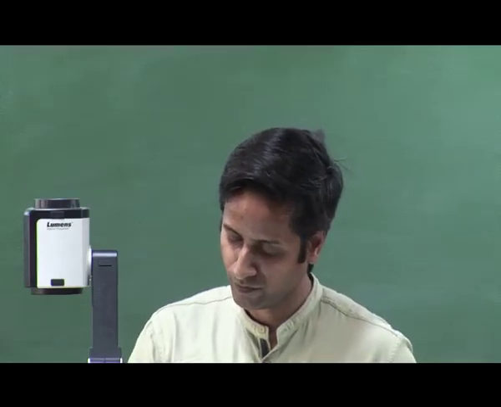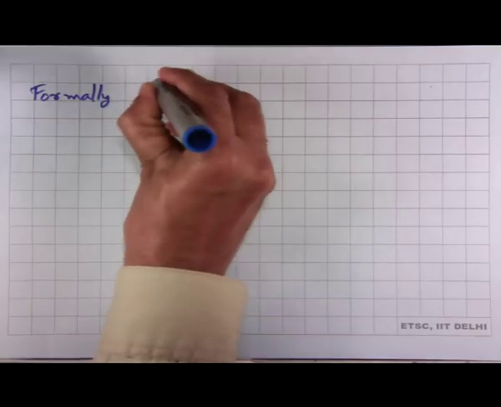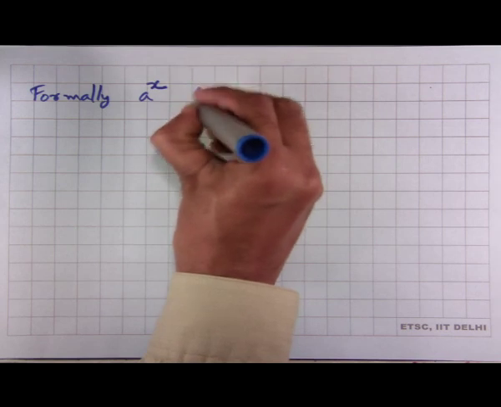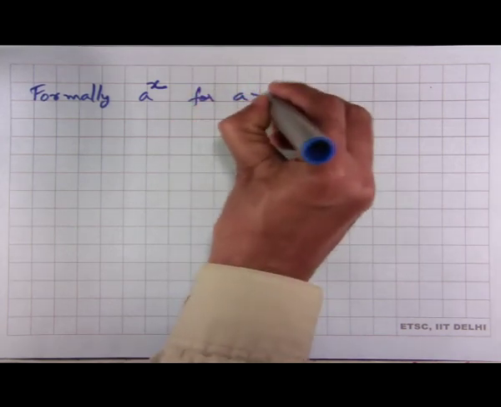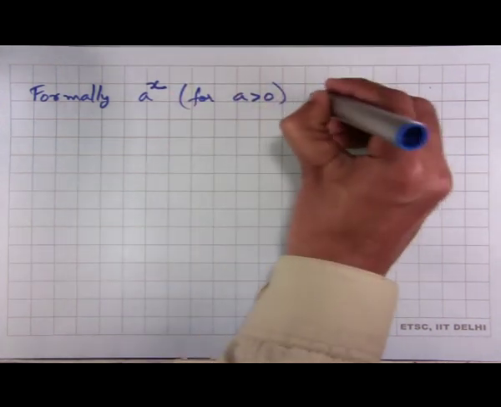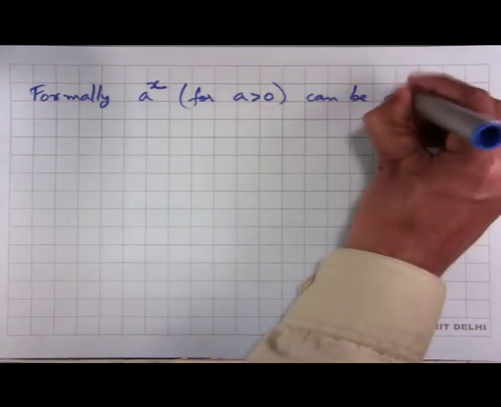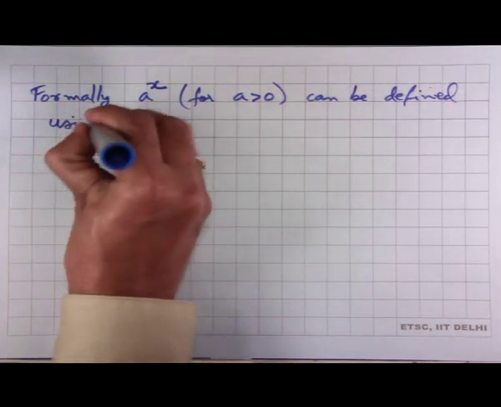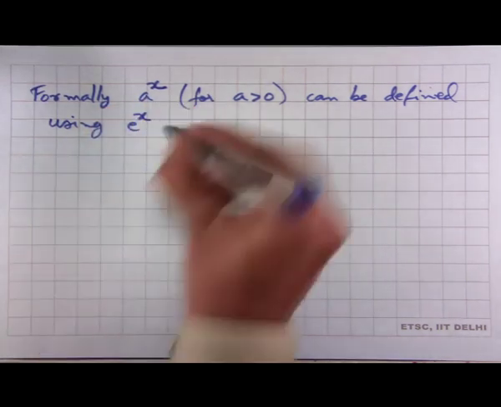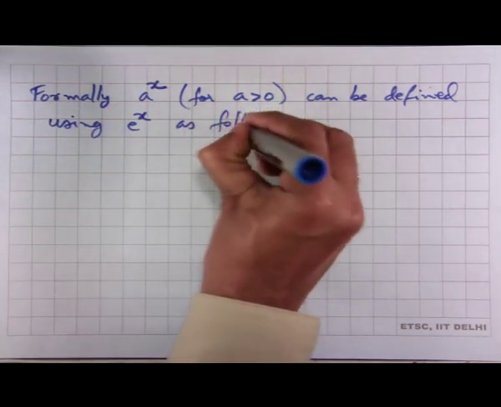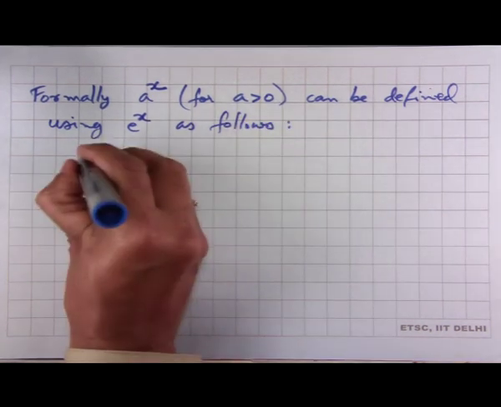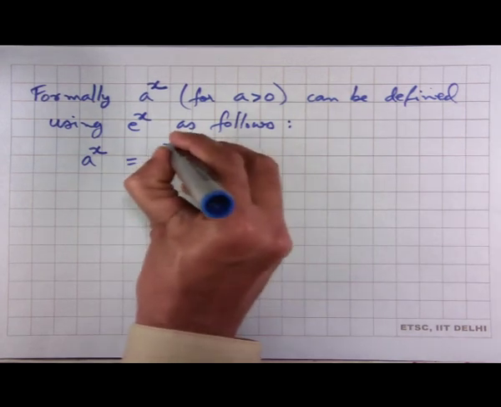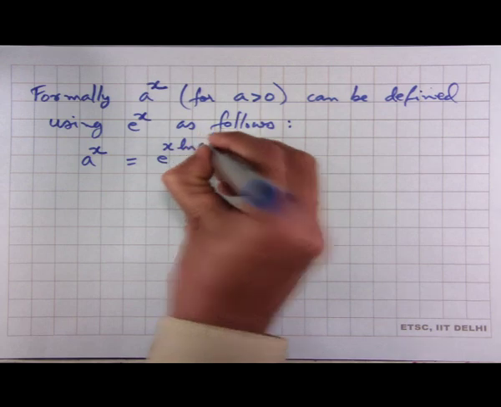So, formally a to the power x, for a bigger than 0, can be defined using the exponential function e to the x as follows. a to the x is nothing but the exponential of x ln a.